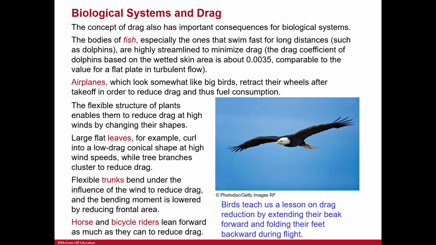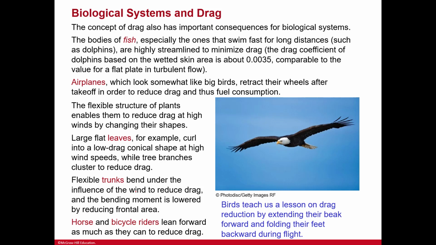Large flat leaves, for example, curl into a low-drag conical shape at high winds, while tree branches cluster to reduce drag. So they have natural abilities to protect themselves. Flexible trunks bend over under the influence of wind to reduce drag, and the bending moment is lowered by reducing the frontal area.